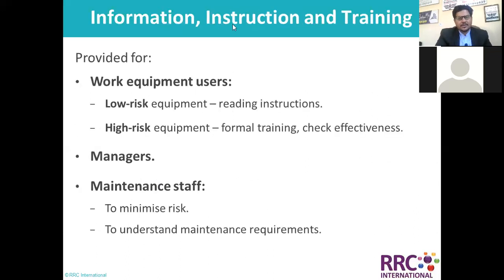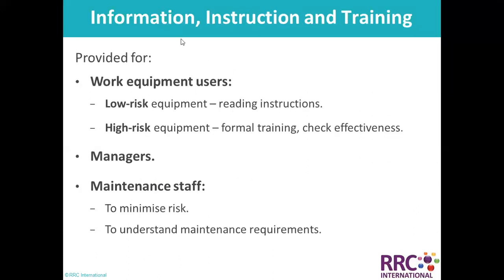Now, a few more things. The information, instruction, and training provided for work equipment users depends on low risk equipment and high risk equipment. Our risk assessment would give the whole picture of all the equipment, which is more risky and which is less risky.